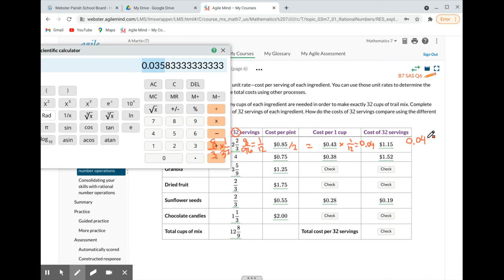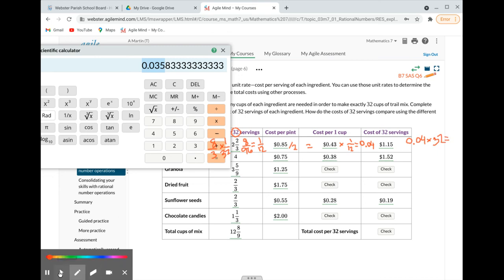Divide. You sure? No. Somebody help her out. If one serving costs 4 cents, how would you figure out what 32 servings cost? You multiply. Good. That's right. We're going to multiply by 32.